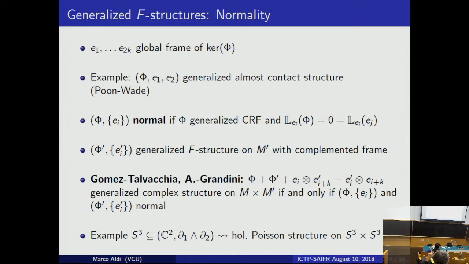But now you deform C^2 by adding the obvious holomorphic Poisson bivector. That gives you a generalized CRF structure on S^3. And when you apply this generalized Morimoto construction, you end up with a holomorphic Poisson structure on the Calabi-Eckmann space.